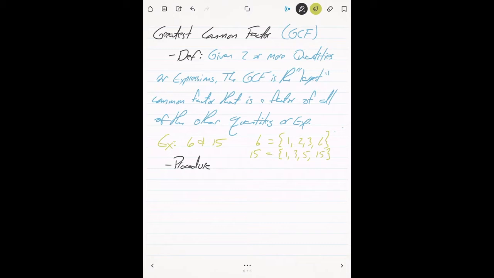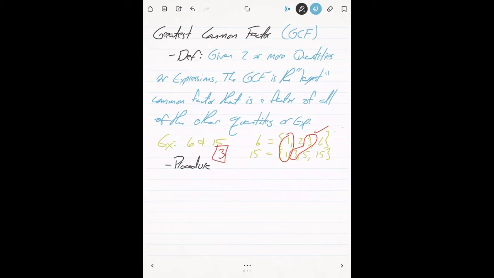So, of these, what are the factors that are in common? Well, we can see 1 is in common, and 3 is in common, but which of these is the largest of the in common factors? That's 3, okay? So the GCF for 6 and 15 is 3.